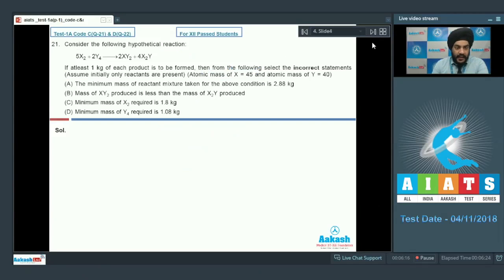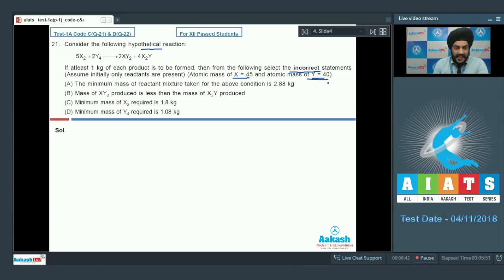Question number 21. Consider the following hypothetical reaction: 5X2 plus 2Y4 giving us 2XY2 plus 4X2Y. So if at least 1 kg of each product is to be formed, then from the following, select the incorrect statements. Assume initially only reactants are present and the atomic mass of X is equal to 45 and the atomic mass of Y is equal to 40.